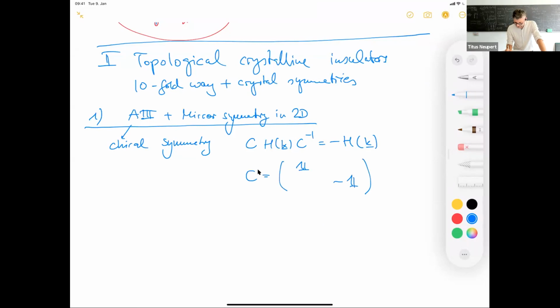In the case that we are going to look at, we want these to be 2 by 2 matrices, so the whole Hamiltonian is going to be 4 by 4. A chiral symmetric Hamiltonian can always be written in this form: Q(k), Q dagger(k), with some matrix Q, also referring here to Andre's talk where such structures appeared.